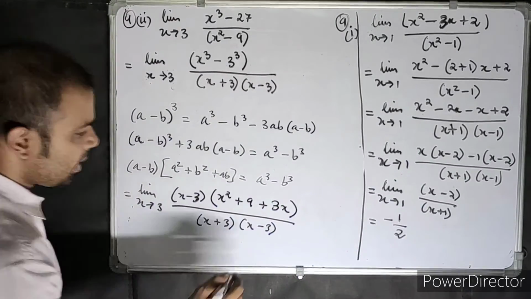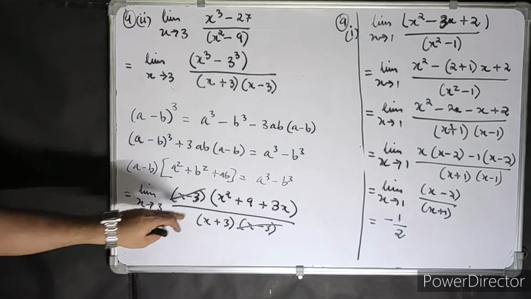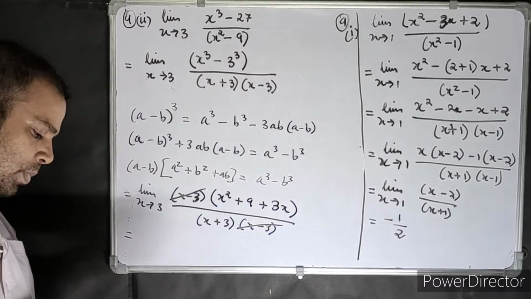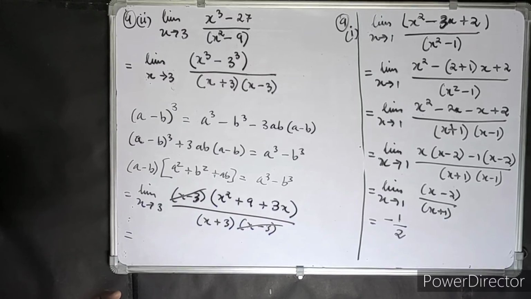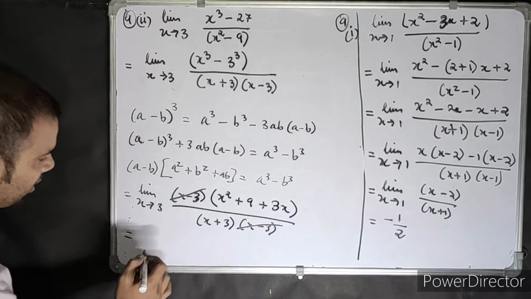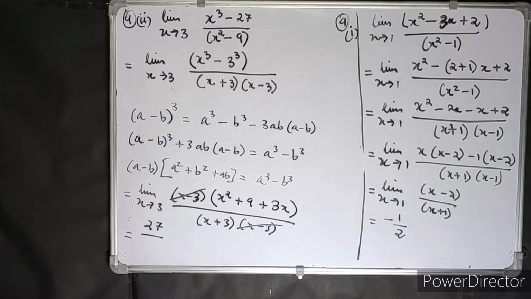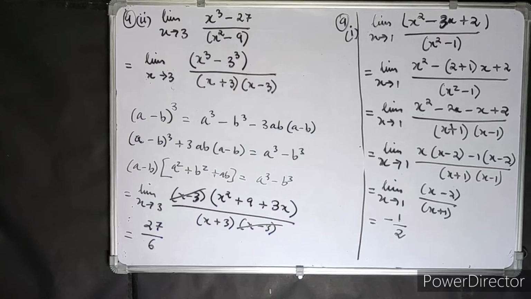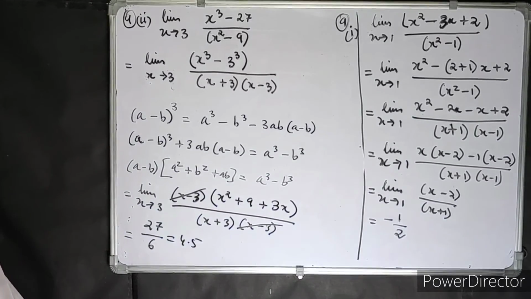Cancel. Now finally the answer: 3 3s are 9. Let's calculate. That is 9 plus 9 plus 9, 27, and divide by 6. So that's 4.5. Let's see the answer.